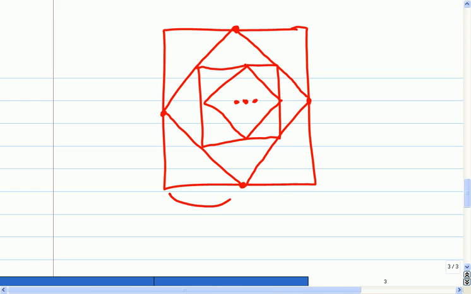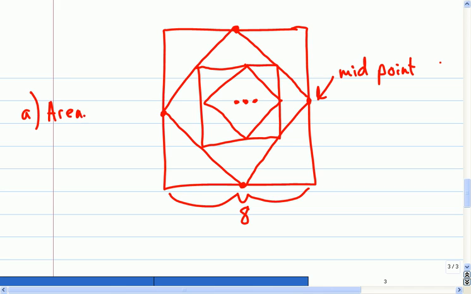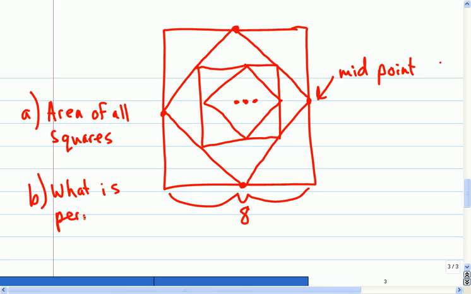So it gives you a square, and it tells you that each one of these points here is a midpoint. So that's how you make the next square, is you join the lines between the midpoints like this. Okay? So the first question that they asked was, what is the area of all the squares? And this is an infinite amount. The second question that they asked was, what is the perimeter of all squares?